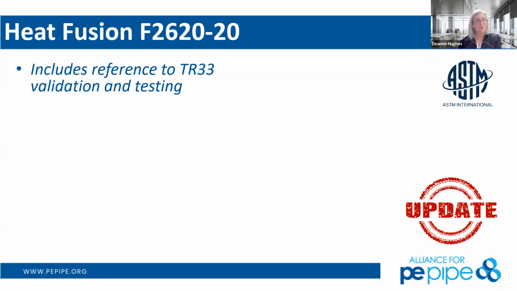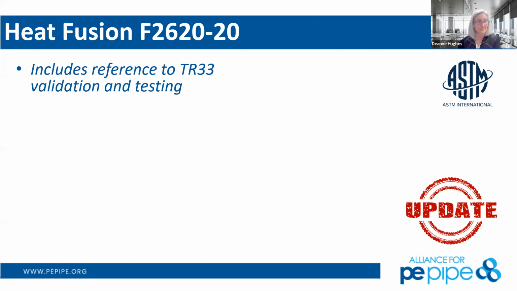Can't you, the industry, standardize on a procedure? So PPI was the natural place to bring those groups and manufacturers together in order to get to a common standard. And that ultimately became TR33 within PPI.